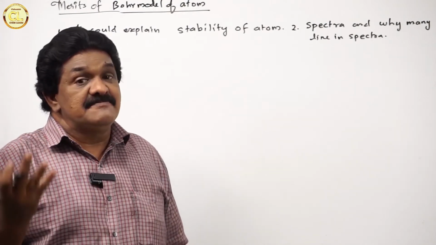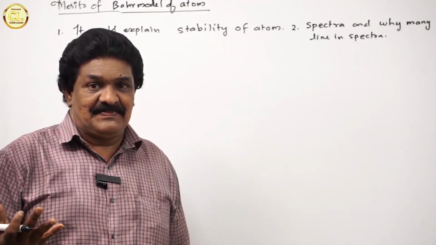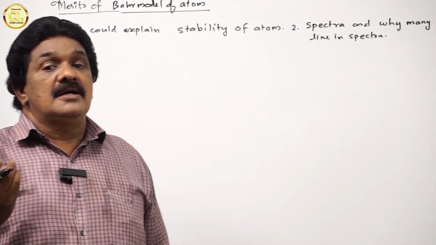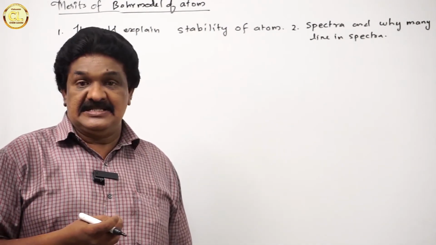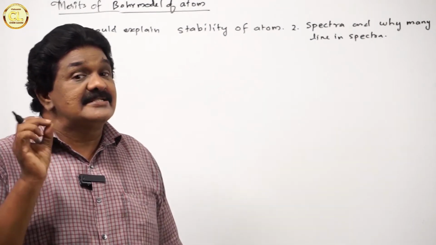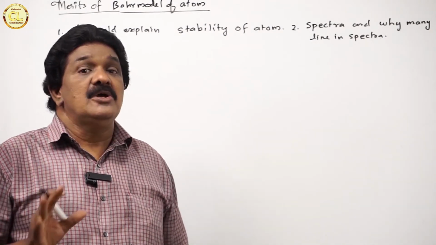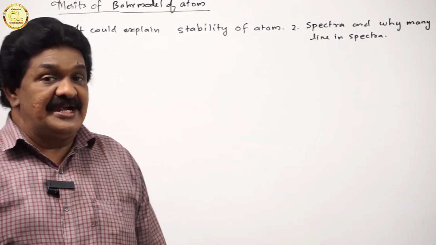Therefore, many atoms may have electrons in many levels. Therefore, the hydrogen spectrum contains a large number of lines. We cannot take a hydrogen spectrum using a single hydrogen atom, but a large number of hydrogen atoms are considered while taking the hydrogen spectrum.